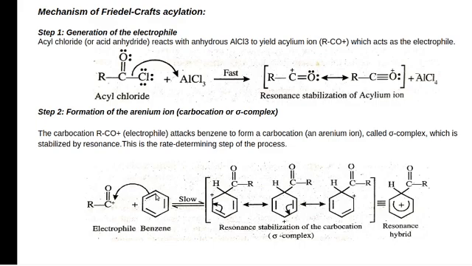The acylium ion will get attacked by the negatively charged carbon, so this charge will get neutralized and this carbon will have a positive charge. Then this charge will get dispersed throughout the ring, forming a resonance stabilized sigma complex. This is the resonance hybrid structure.